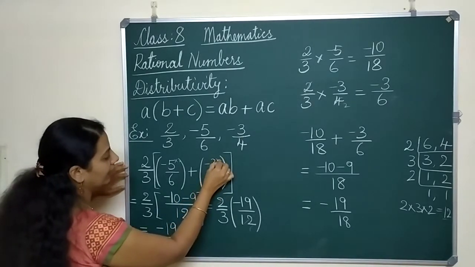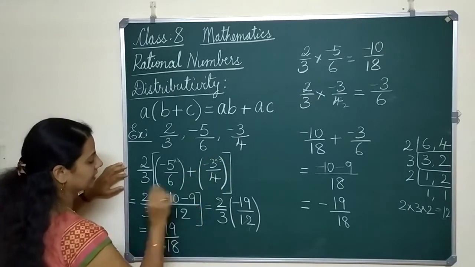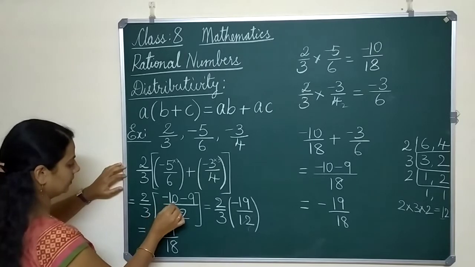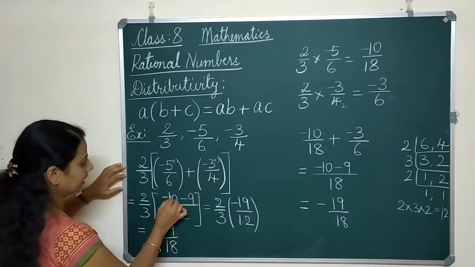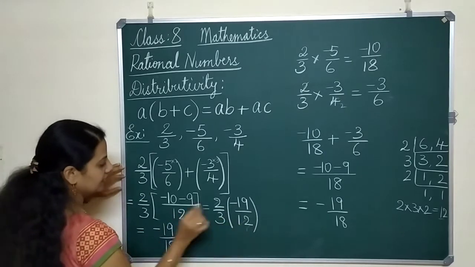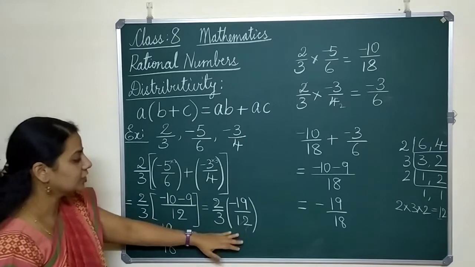So 3 I have to multiply to the numerator. So 3 3s are 9, minus 9 as it is. So now I am going to add these two. So minus 10 minus 9 gives you minus 19, and 12 as it is, and this 2 by 3 as it is I've written. This much you have understood.